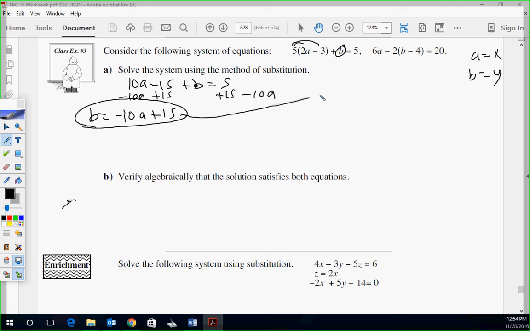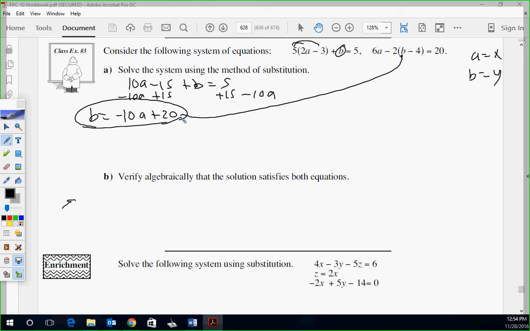This is going in right there. 20, yeah, 20, thank you. I forgot to actually add them, didn't I? Plus 20, perfect, saving us a mistake. So if you're wondering, do I put it in now or after I distribute? It doesn't matter.